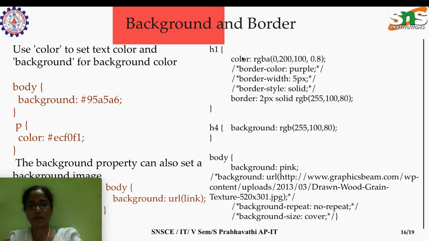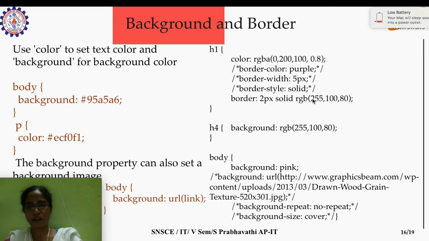We can mention the color like this also. I have commented some of the things; you can uncomment them and test them in your browser, in your text editor. So border of H1 is 2 pixel solid, which makes it look like a box. Solid, dotted, dashed, so many things are there that we'll see in forthcoming topics.